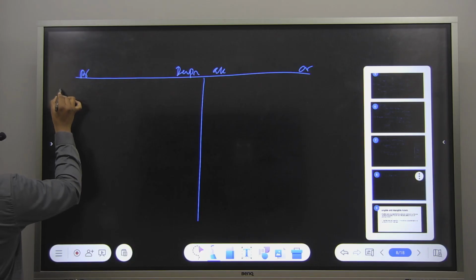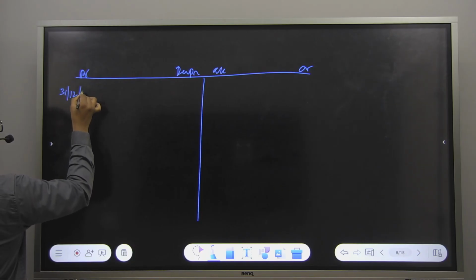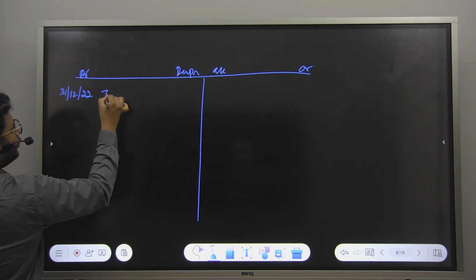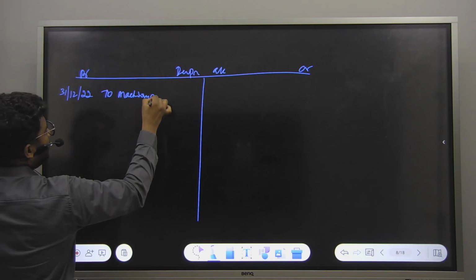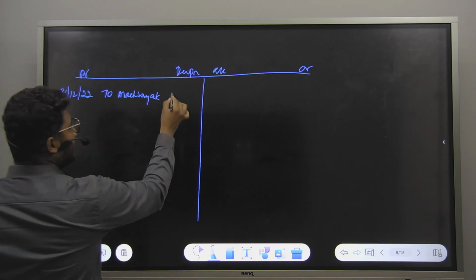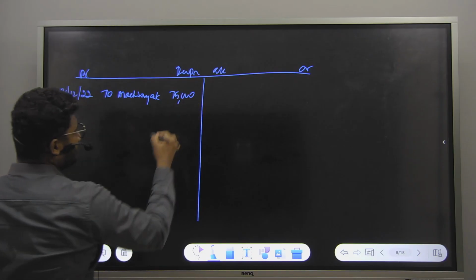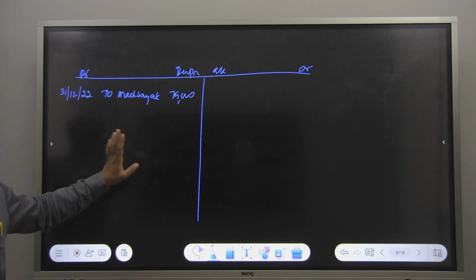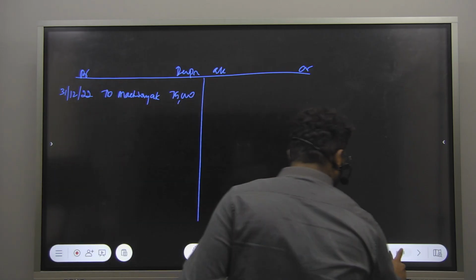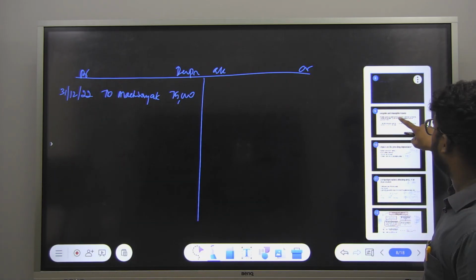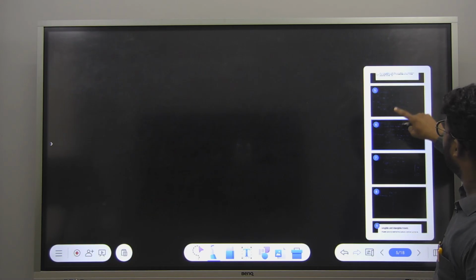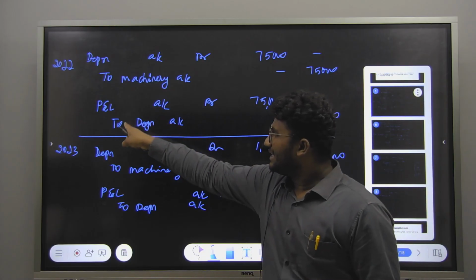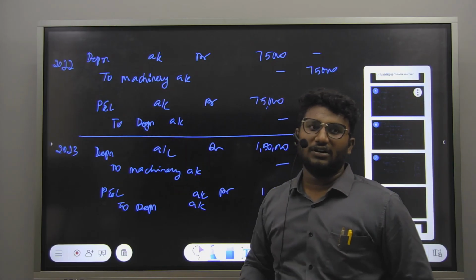On 31st 12/22, to machinery account. How much? 75,000 rupees. This entry is done. Now on the same date there will be another entry. So what is the other entry? The same amount we transfer to the profit and loss account.